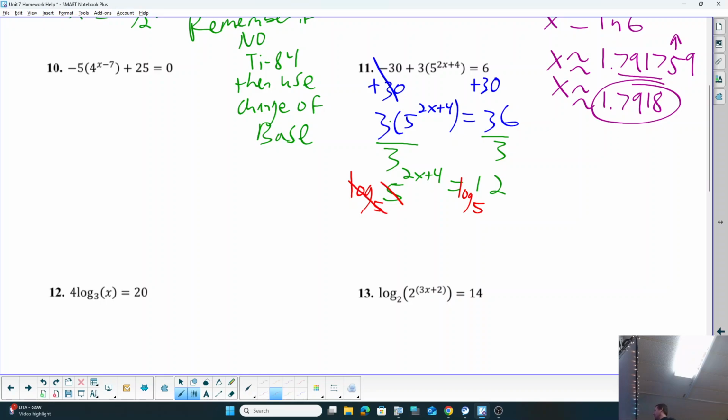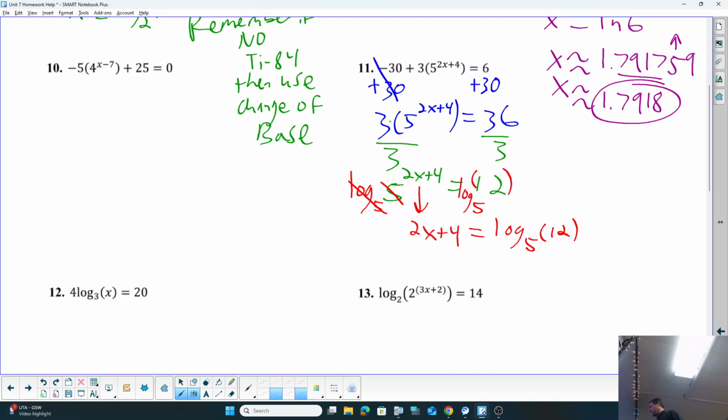Okay, so that cancels out. We're left with 2x plus 4 is equal to log base 5 of 12. Put that 12 in parentheses so you don't mess up this next part.